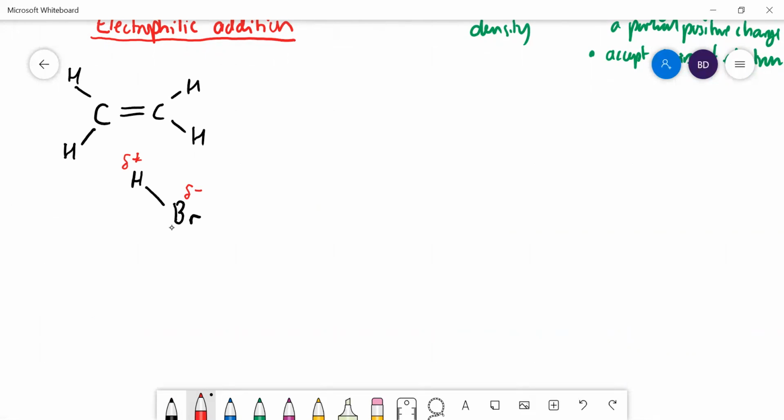So let's just draw the pi bond there. I've got the sigma bond there, I won't bother drawing that in. And here is the pi bond.